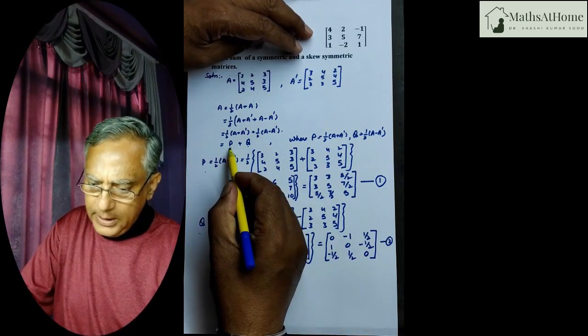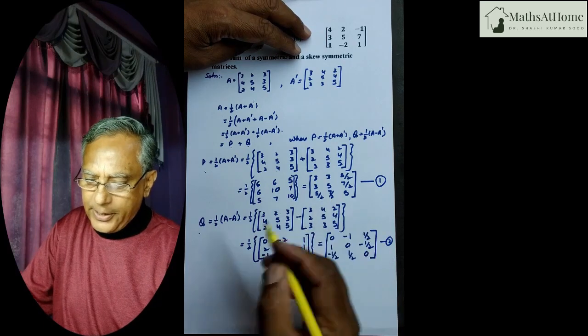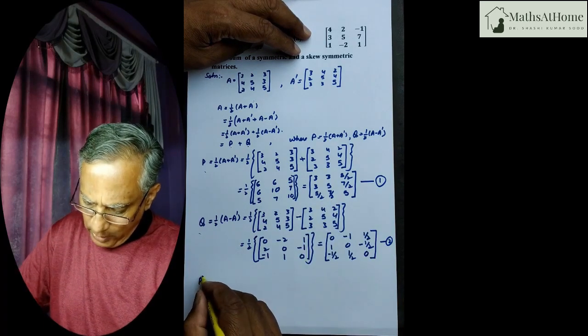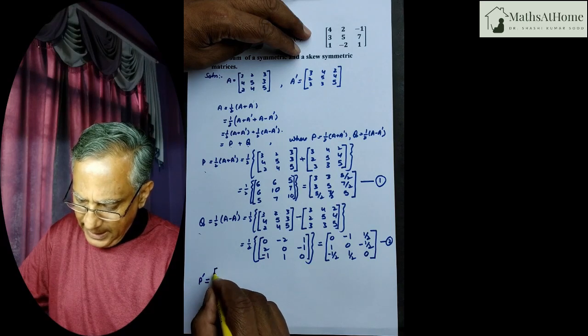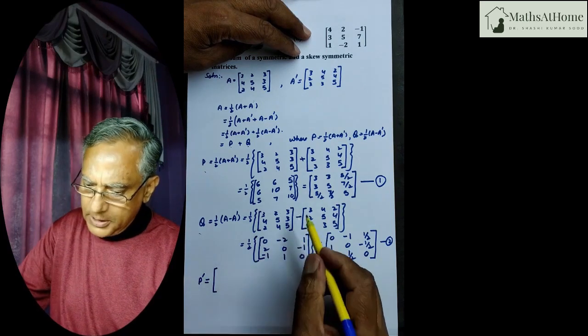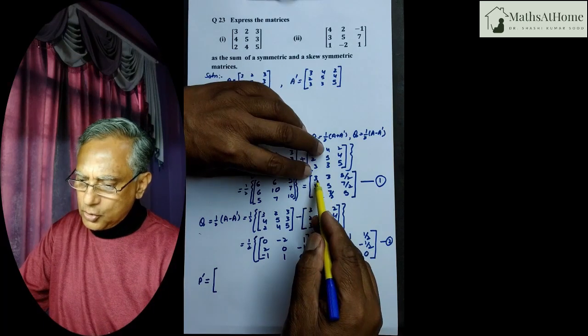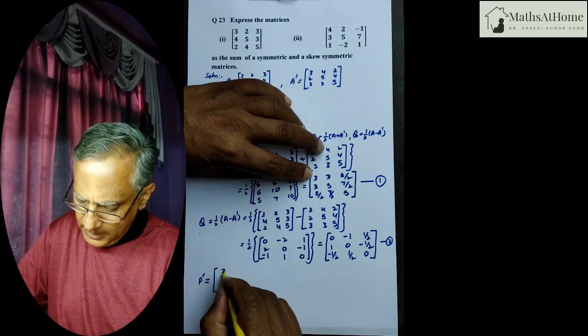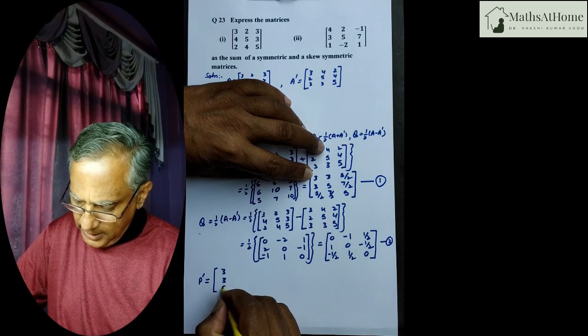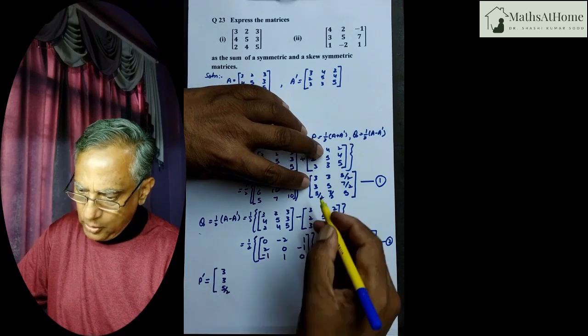Now we will prove that P is symmetric. What we do is we find P dash. How much is P dash? P is this much. So P dash will be, this row will become first column. So 3, 3, 5 by 2.